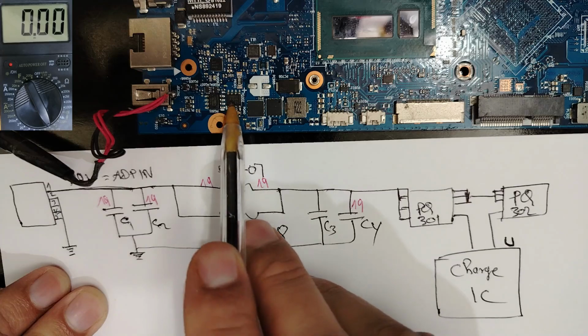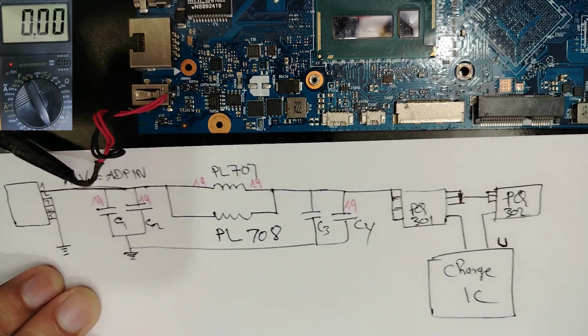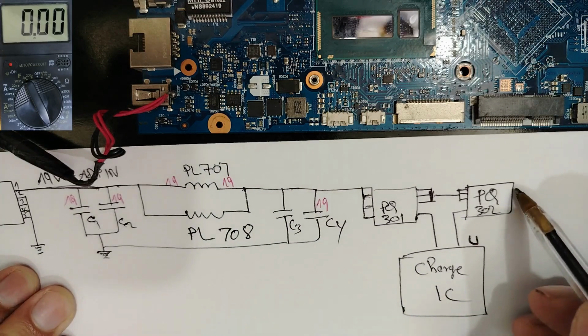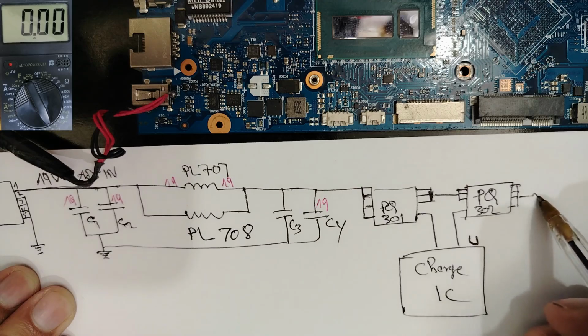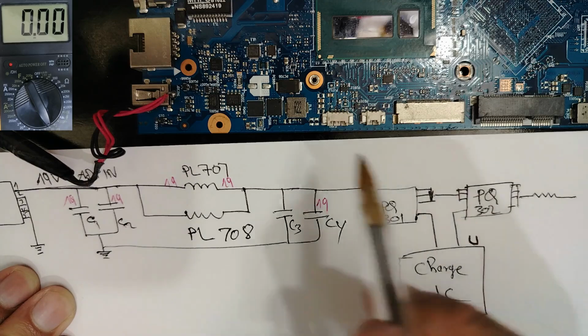What we have else after this switch, it is connected to the current sense resistor. So here basically we have the drain connected to the current sense resistor, like this.